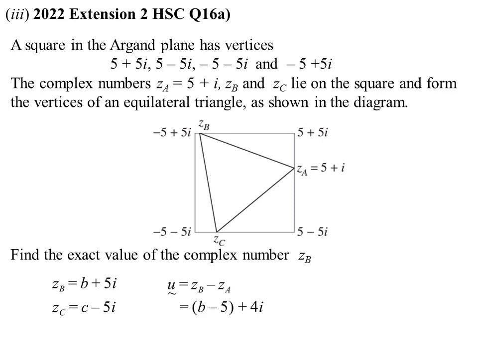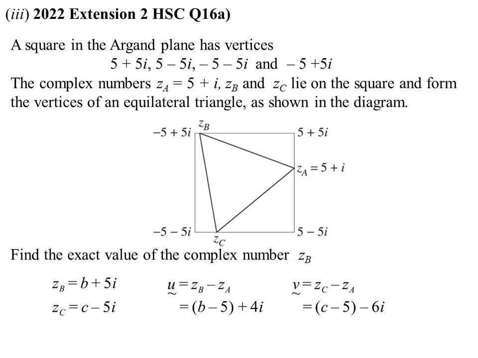Okay, vector U, I'm just going to call it U, head minus tail. ZB minus ZA. ZA I know at least. So that vector, which I'm calling U, will be B minus 5 plus 4i. And I'll create another vector, ZC minus ZA, which I'll just call vector V, head minus tail.